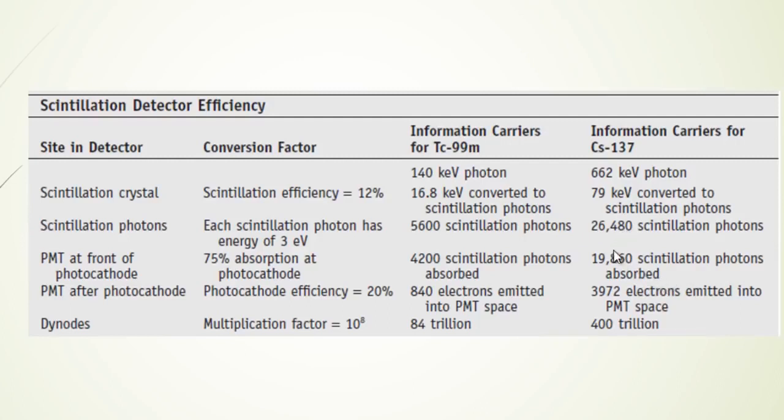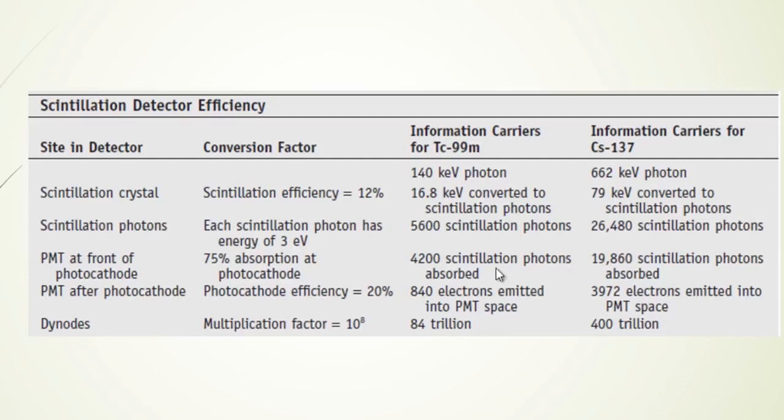And if the efficiency of the photocathode is around 20%, then only 20% of these absorbed scintillation photons would be converted into photoelectrons that would be emitted into the vacuum of the photomultiplier tube. So 20% of this number comes to about 3,972 electrons. So only 4,000 electrons are emitted when about 26,000 scintillation photons were incident on the photocathode.